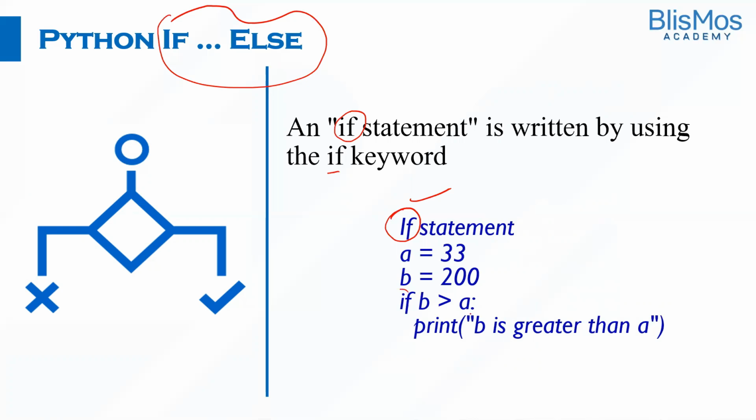We are trying to have a condition here. Based on the condition, we are letting the code do something. That means if the condition is satisfied, do something. If the condition is not satisfied, do something else. That is how it works.